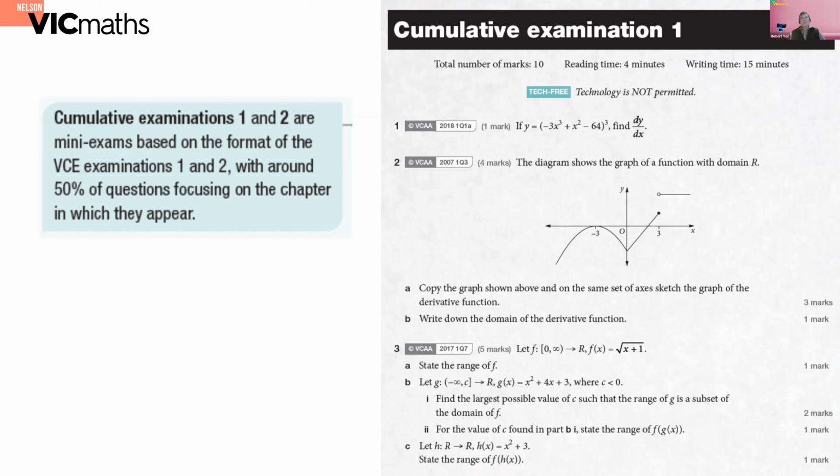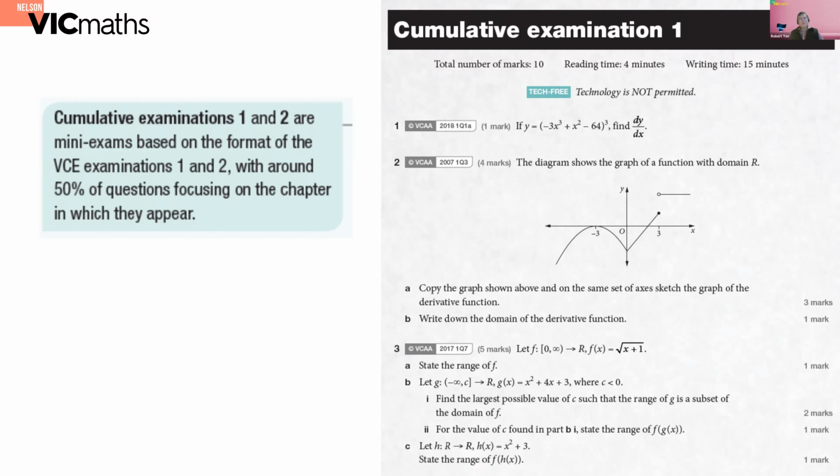Exam 1 is like an exam 1 from the VCE exam. They're basically mini exams, a quarter of the size of a normal exam, based on the format of the VCE exams. For example, this is cumulative exam 1, so it's tech free. Normally it would go for 1 hour, but this is a mini exam, so it only goes for 15 minutes, and the total number of marks is 10.